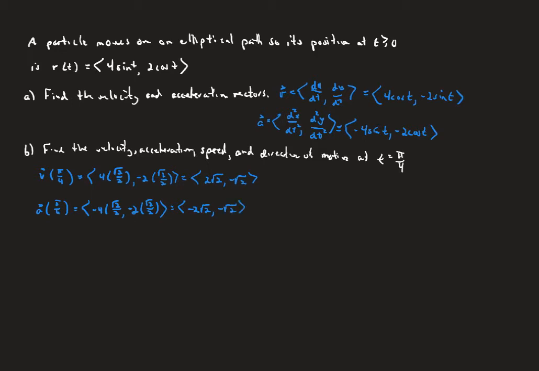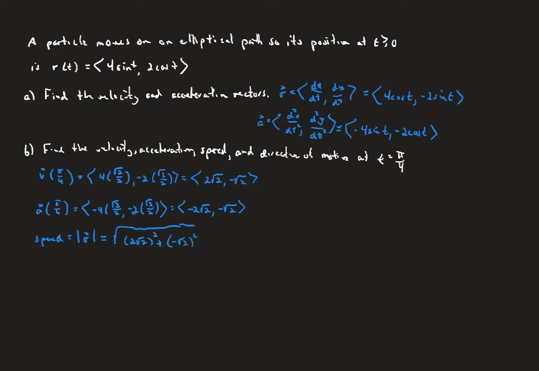That's the acceleration vector. To get speed, remember speed is the magnitude of the velocity vector, or we could also read that as the absolute value of the velocity vector. So using our Pythagorean theorem on our first answer up there, we're going to get 2 square root of 2 squared plus negative square root of 2 squared.